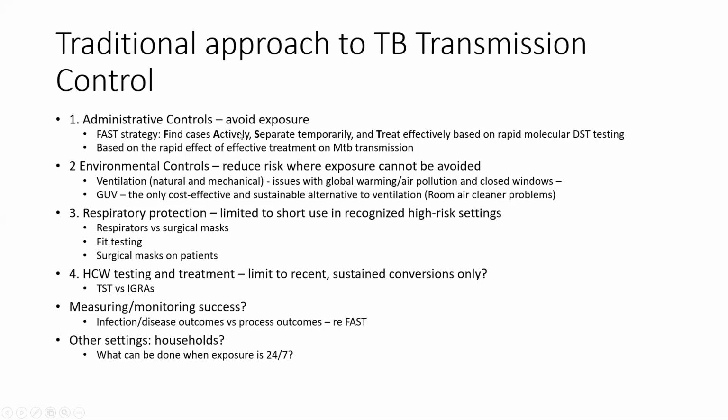So this approach gets directly at that issue. Find cases actively, separate them temporarily, and get them on effective treatment based on directly observed therapy so that they're on effective therapy.